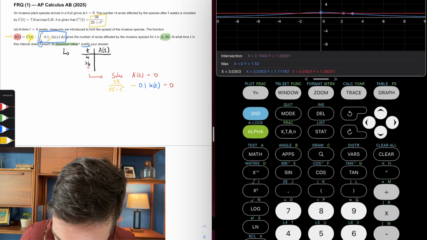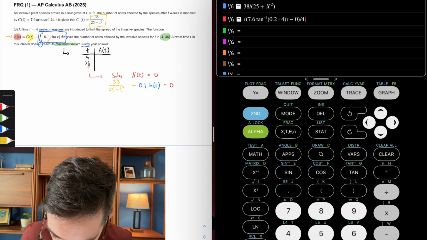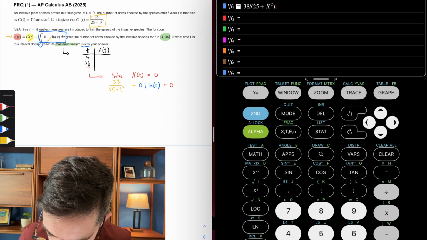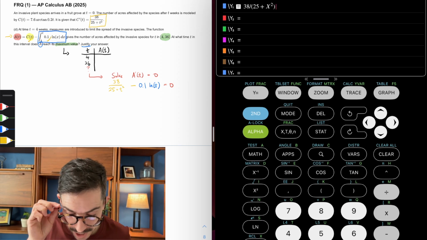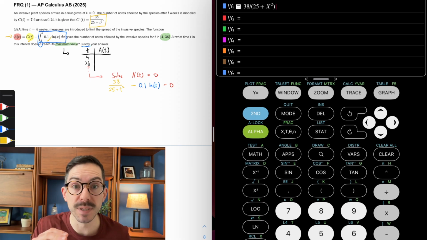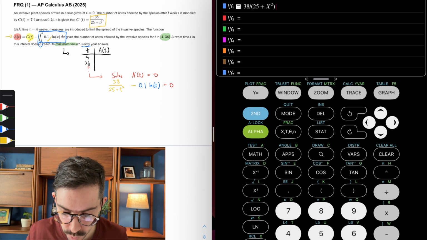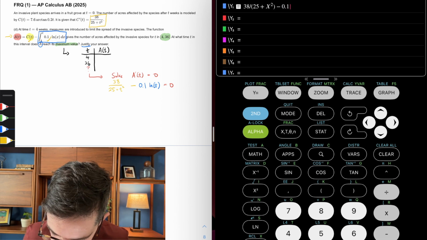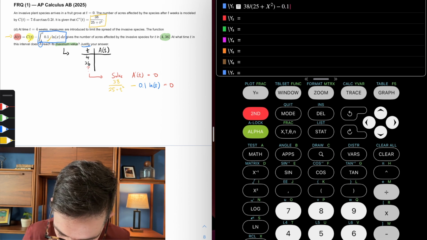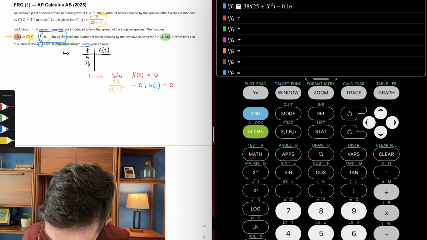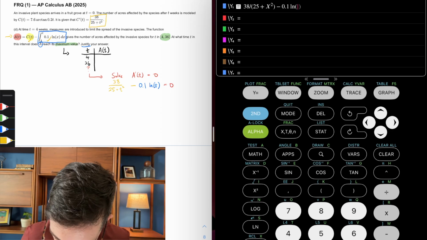So I will clear some of the stuff that we've been working with. I'll clear that second one. Now, this first rule, I went, oh, that's helpful because it's the first C prime still, so I can use that. So it's 38 over 25 plus the variable squared. I'm then going to subtract 0.1 natural log of x.